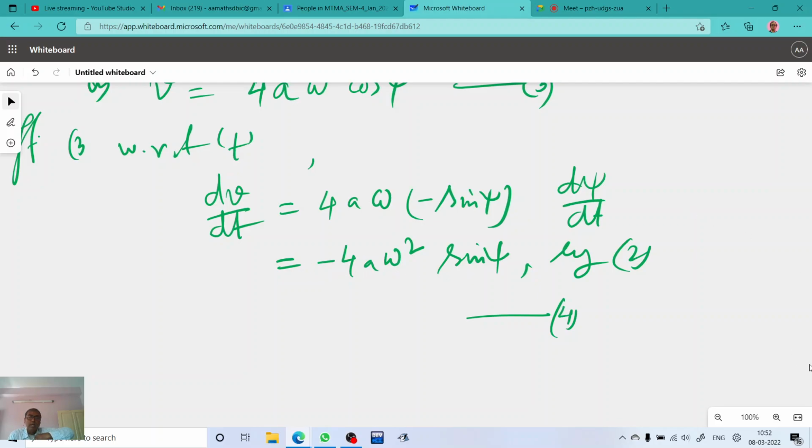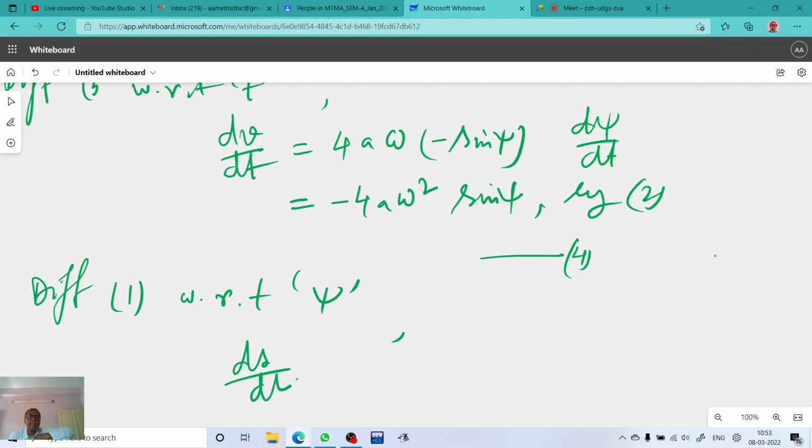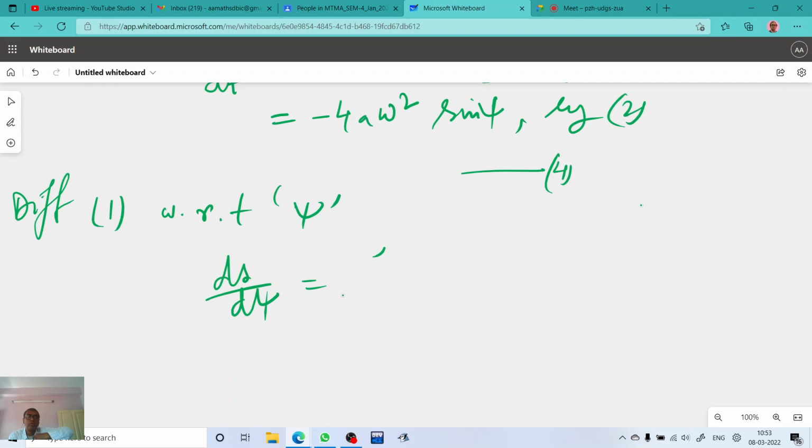Now differentiating 1 with respect to psi, so we get ds d psi equals to 4a cos psi.